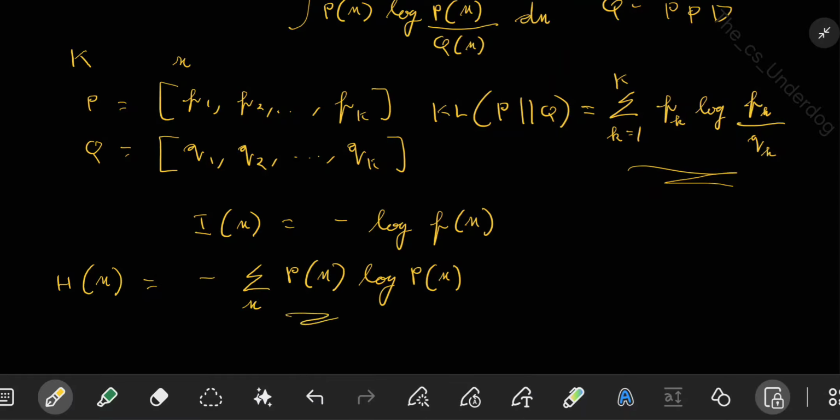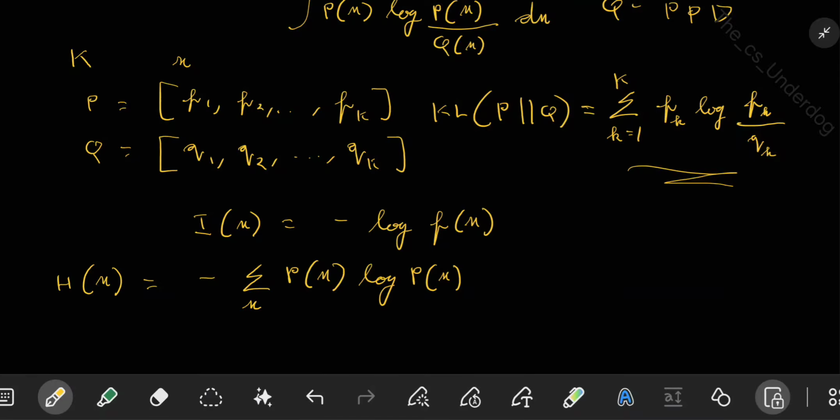That is, P of x is the probability, and here I am trying to understand the average number of bits required to encode the events that are drawn from P, and I am not considering Q at all. Our actual idea of KL divergence is based on considering Q in place of P. But when I am taking entropy, I am just considering P, and I am saying if P is my distribution, then the average number of bits required is this particular value.